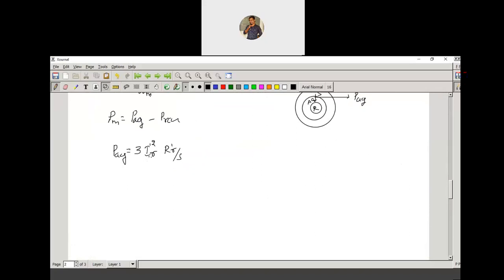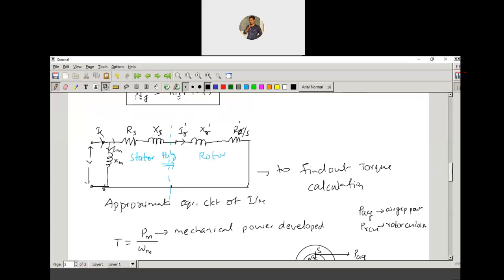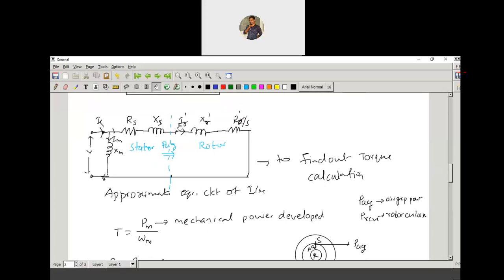Now next, we need to find out the current IR dash. For this circuit diagram, we can write this current IR dash equals the supply voltage V over the impedance involved, which is stator resistance, stator reactance, rotor resistance and rotor reactance.